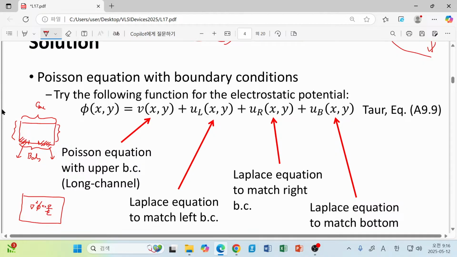So we must solve this simple Poisson equation, and on all four boundaries we have a direct boundary condition. Then how can you solve this?